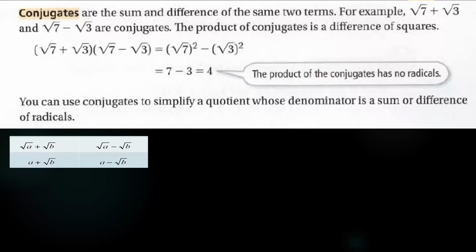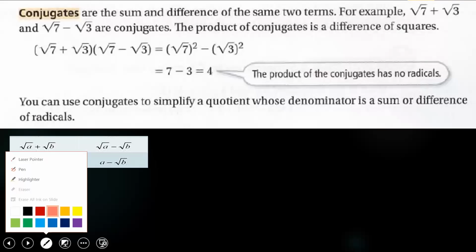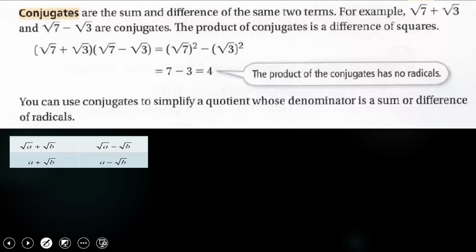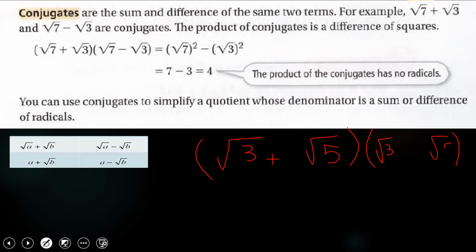Conjugates: if I have two terms, or two radical terms like square root of 3 and square root of 5, if you add a plus sign between them and if you add a minus sign between them, the sum and the difference of two terms, we call them conjugates.